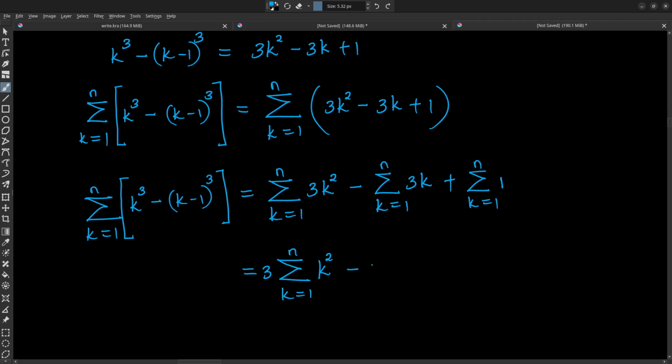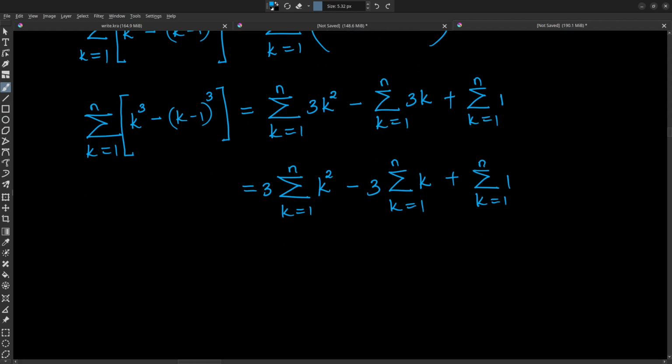We take the 3 outside, and then we have the summation from k equals 1 all the way to n, and now on the inside you're only left with k, and then plus this other one, it's just a constant, so there's nothing to take out, nothing to leave, so we just have it as the summation where k equals 1 all the way to n of 1.